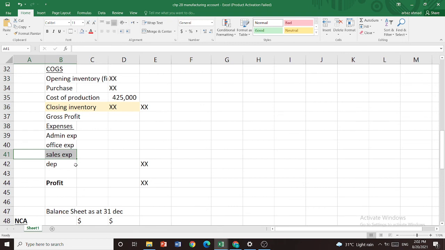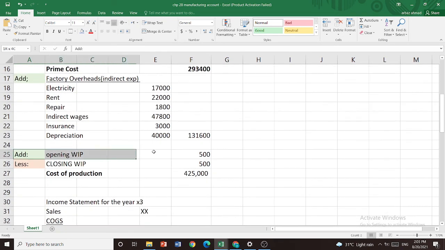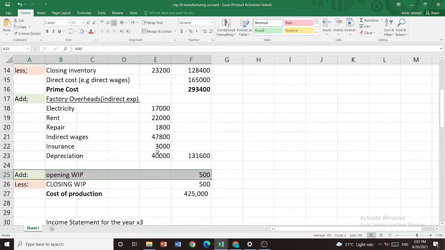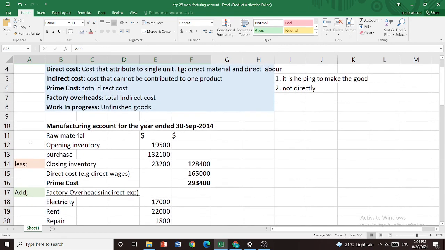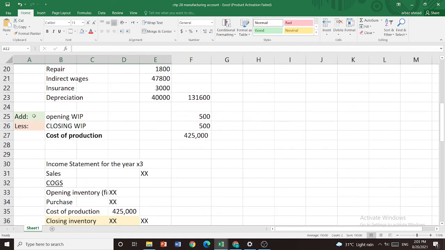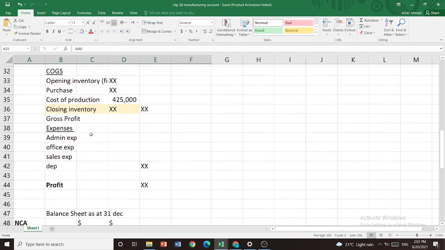Inventory, now for inventory, see we have 3 inventories here. Opening inventory for raw material, this one. Opening inventory is given. Opening for work in progress is given.